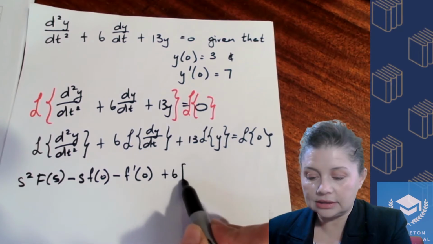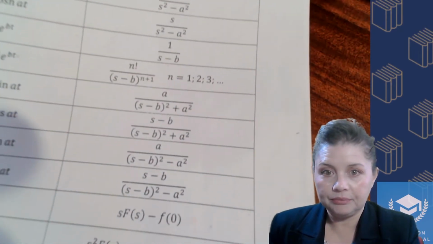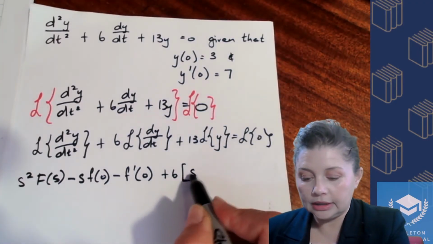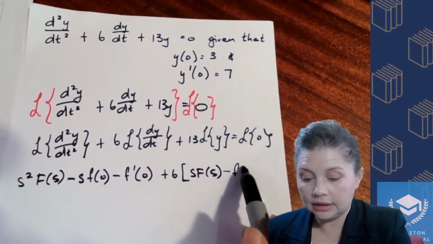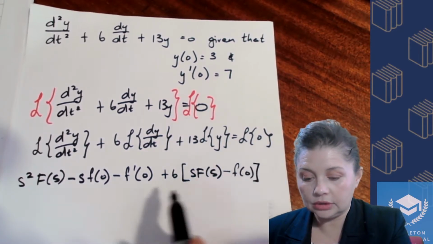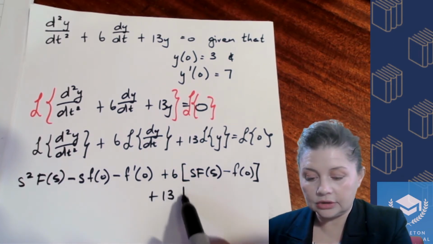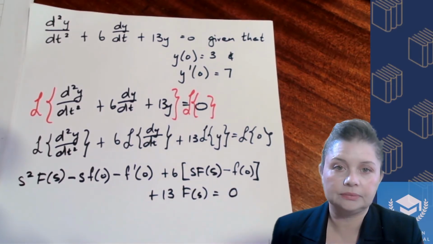Plus 6 times the transform of the first derivative, which is going to be this one here. Alright, so it's going to be s F of s minus f at 0, and then plus 13 F of s, and that's just 0. Right?